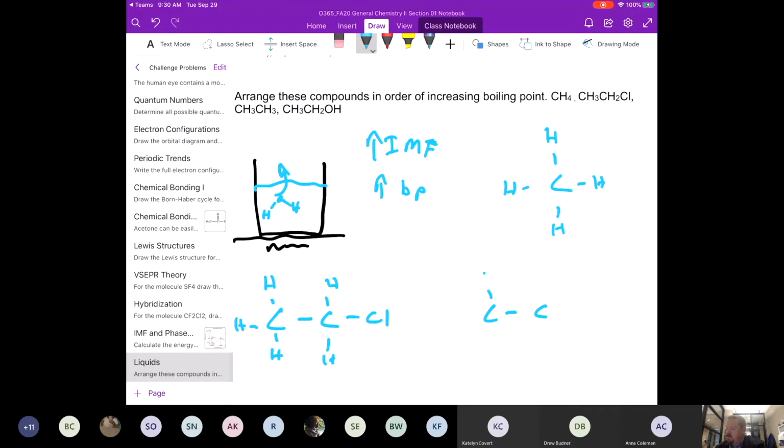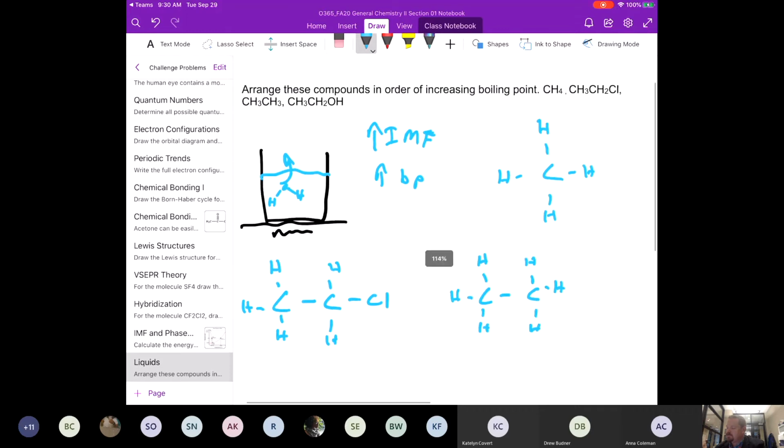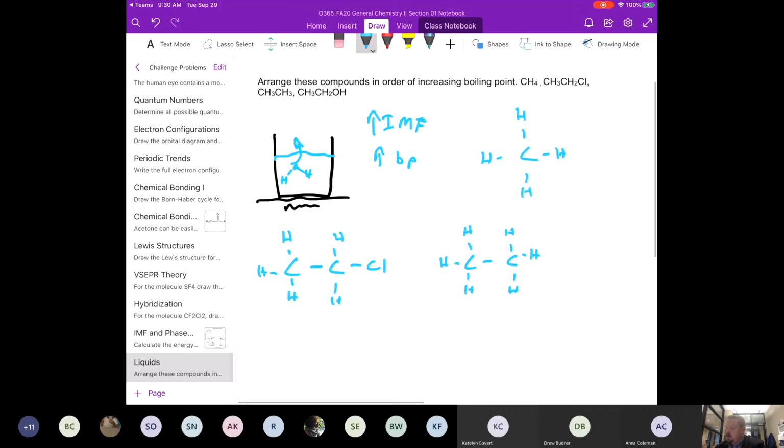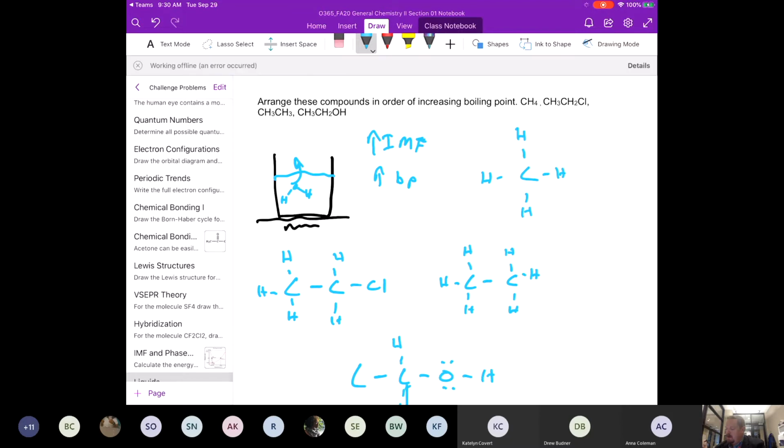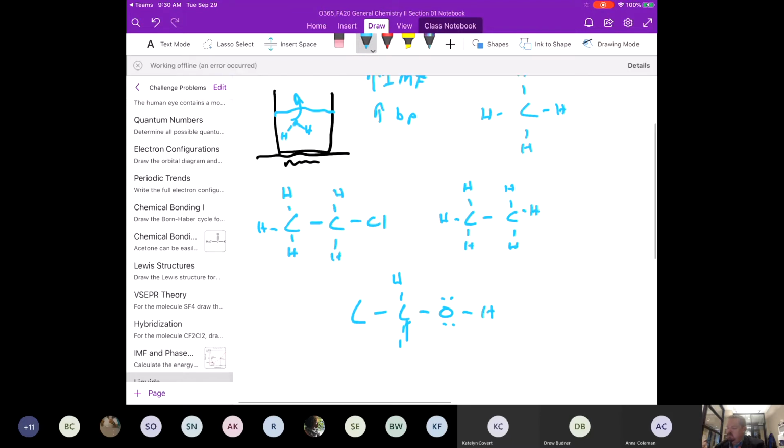CH3CH3 has this Lewis structure. And finally, CH3CH2OH, excuse me, has this Lewis structure.